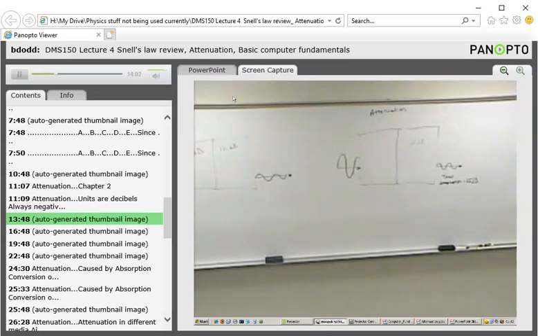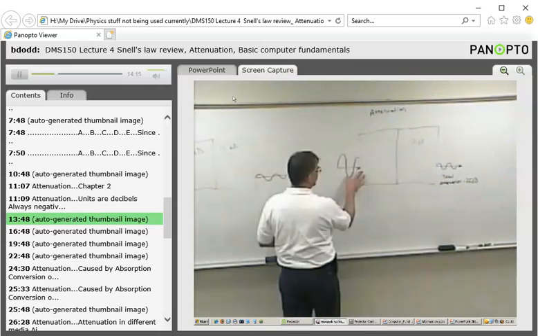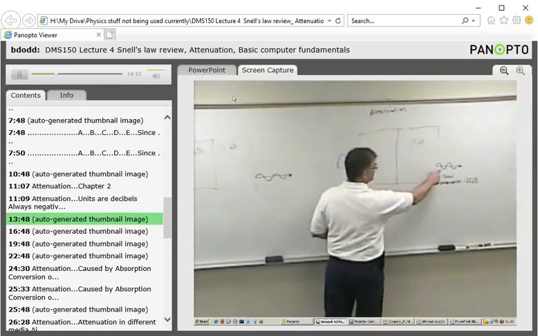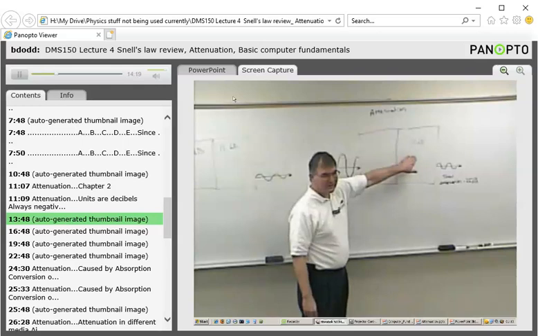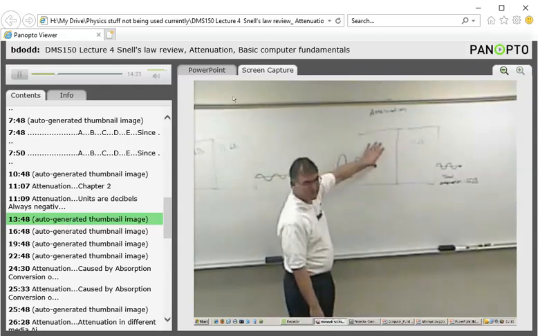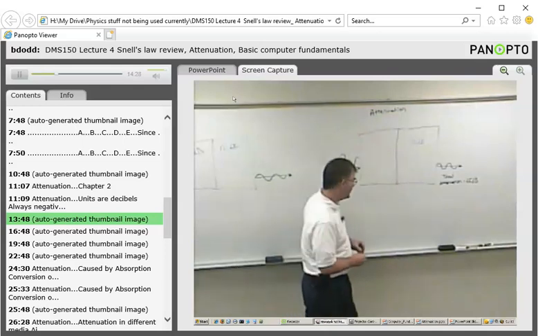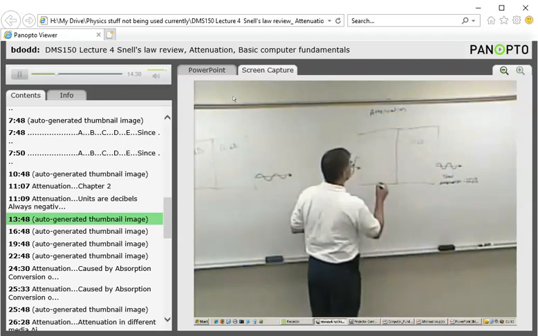Okay. So if we have a total attenuation of 25 decibels that occurs as the sound wave travels from its origin here to here, and we lose 10 decibels in this media here, how much did we lose in this? 15 decibels, exactly.